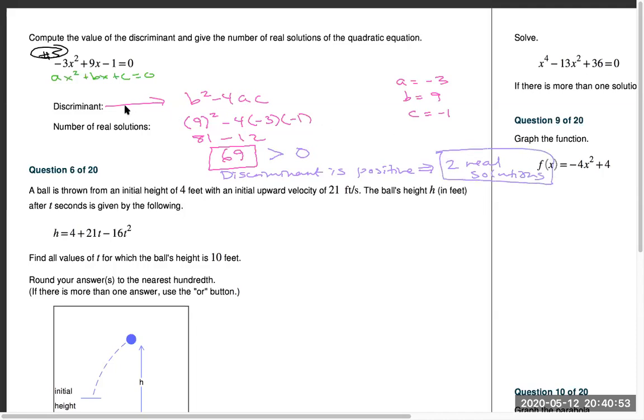For this type of problem for Alex, if it's asking for the number of real solutions, if you get a negative discriminant, then you would just put 0 real solutions. So if you have two complex solutions, that's the same thing as no real solution.